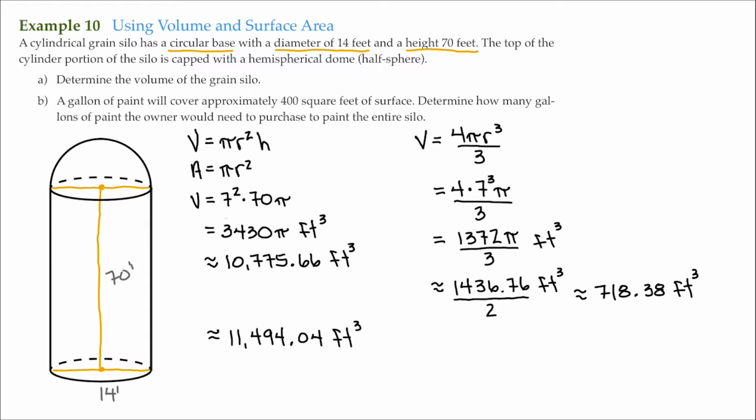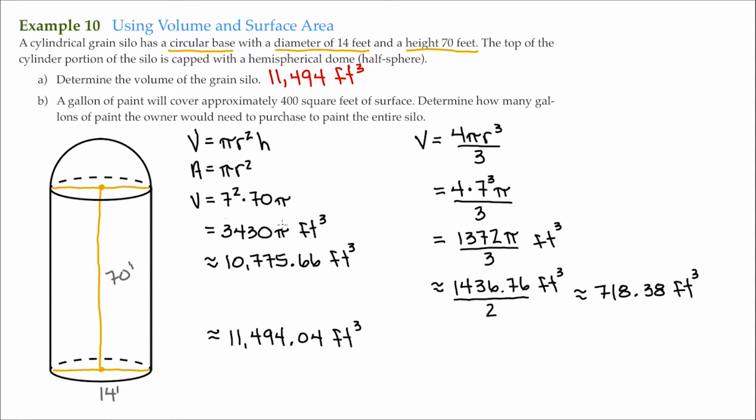So it's probably fair to say that the volume of our grain silo is approximately 11,494 cubic feet. Now, you may be off or different a little bit, all depends upon your rounding. What I like to do is come up with an exact measure first.